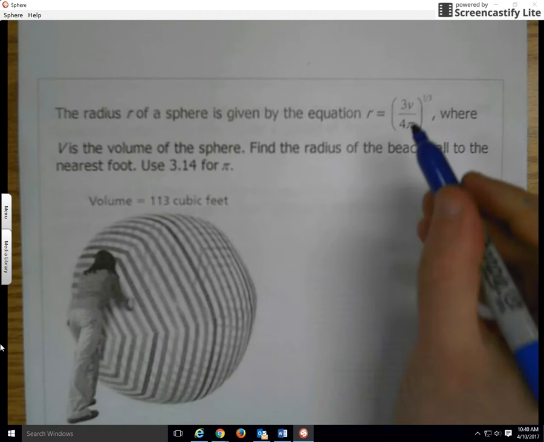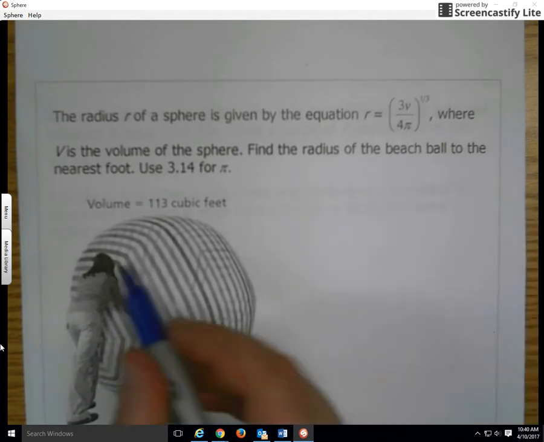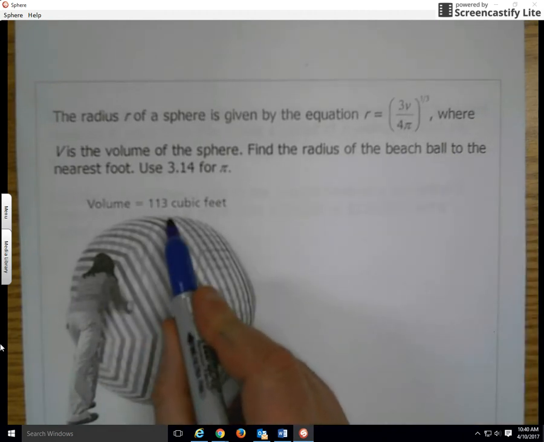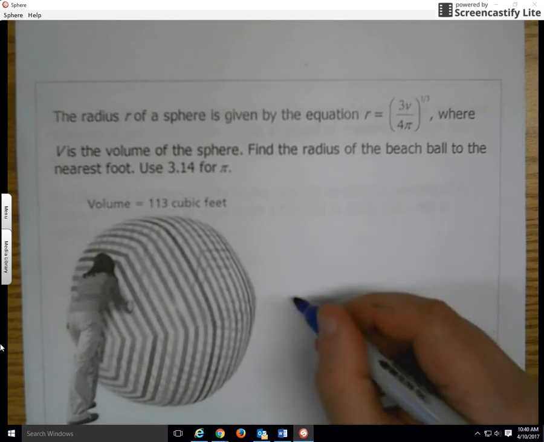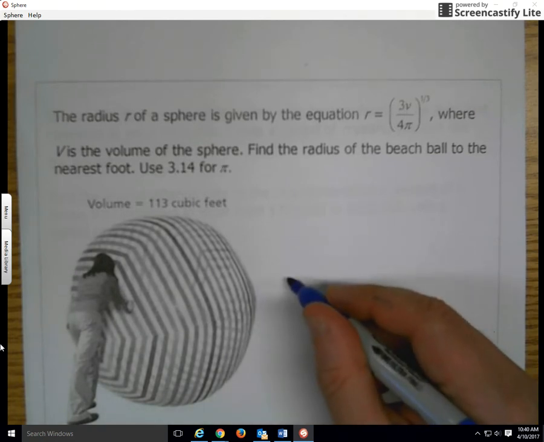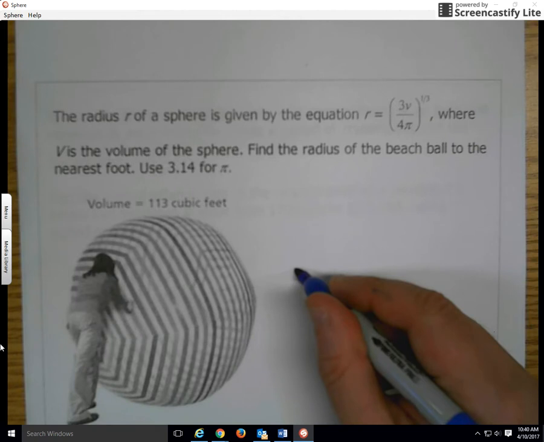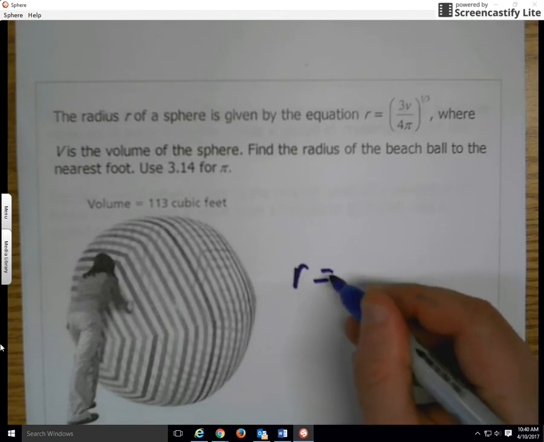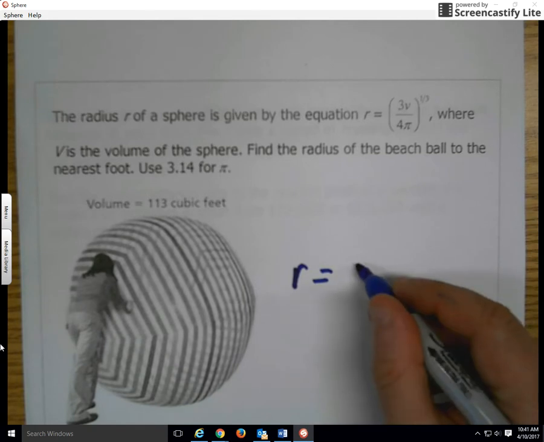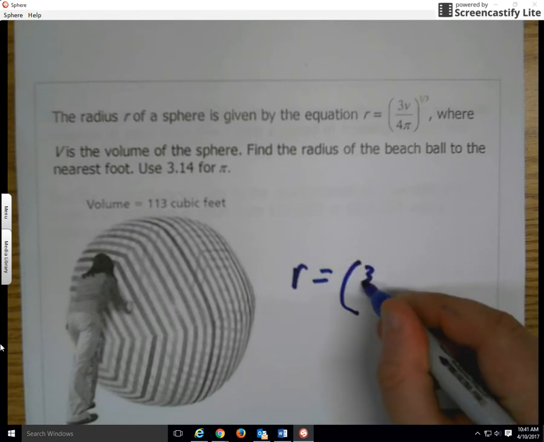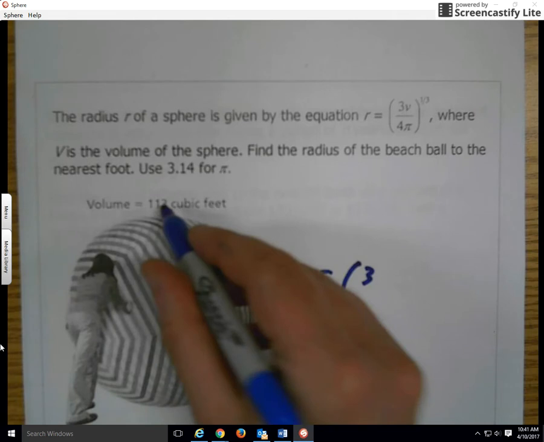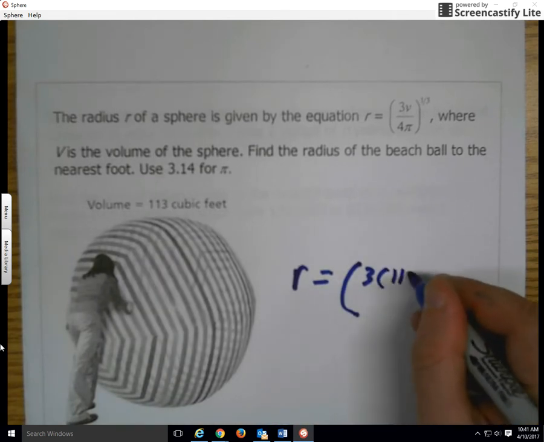We need to know the volume, though, to know what to put in for the v, but that information's right here. The volume is 113 cubic feet. So we'll substitute those numbers in and see what we get. So r equals, and instead of 3v, I could put 3, but it tells me that the volume is 113.